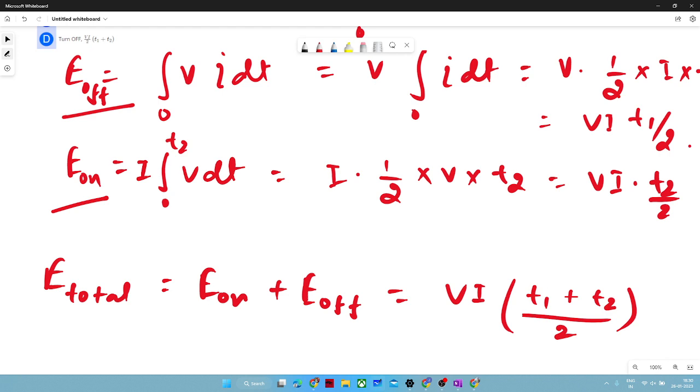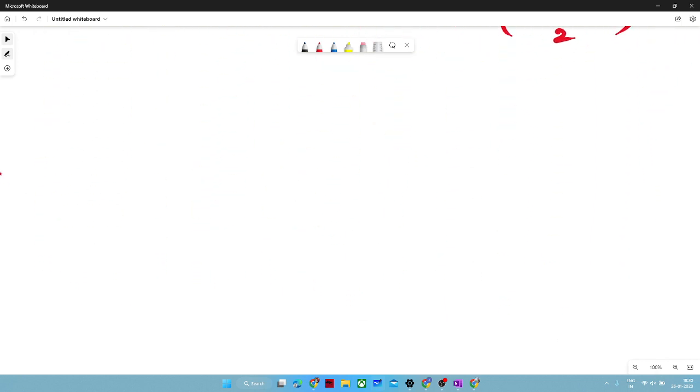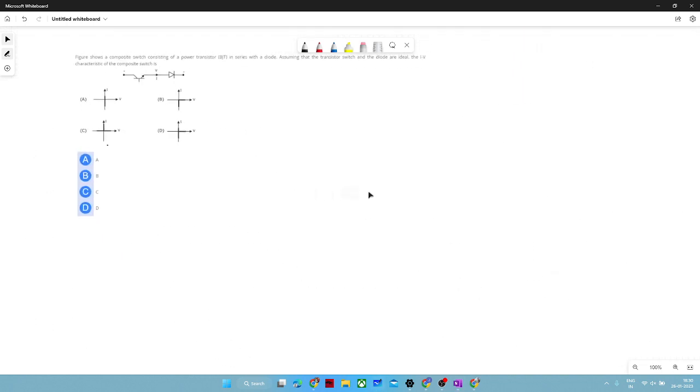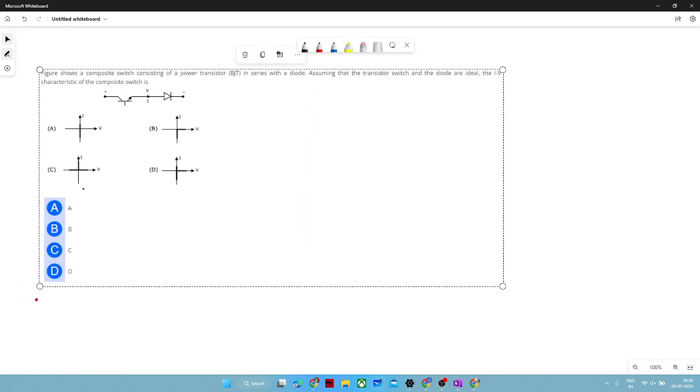Now moving ahead with another problem. This was again asked in GATE 2005.